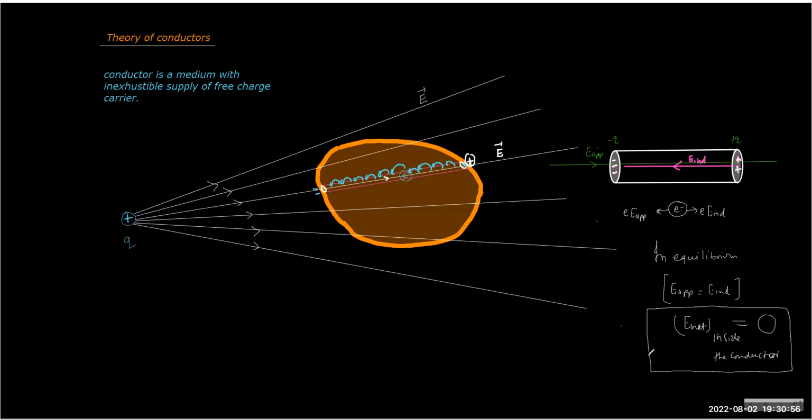The moment you throw a neutral conductor in any external electric field, it will redistribute the charge over its surface. Now, mind you, the bulk, the volume of the conductor is still neutral.